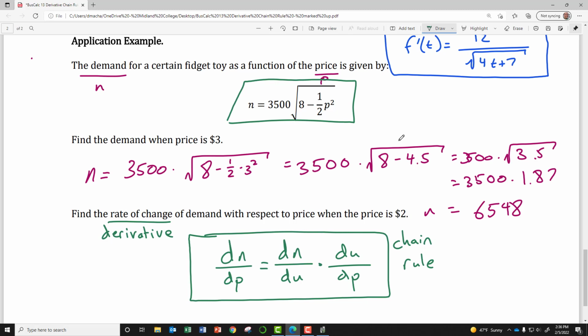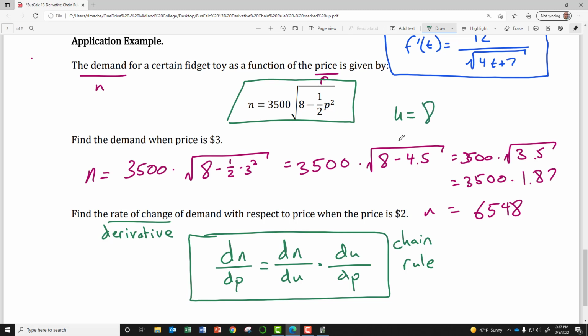So the big question, maybe the most difficult thing in chain rule, is what should u be? And in this case, I see a big square root, and I know how to take the derivative of square root of a variable, but I don't know how to take the square root of 8 minus half p squared.